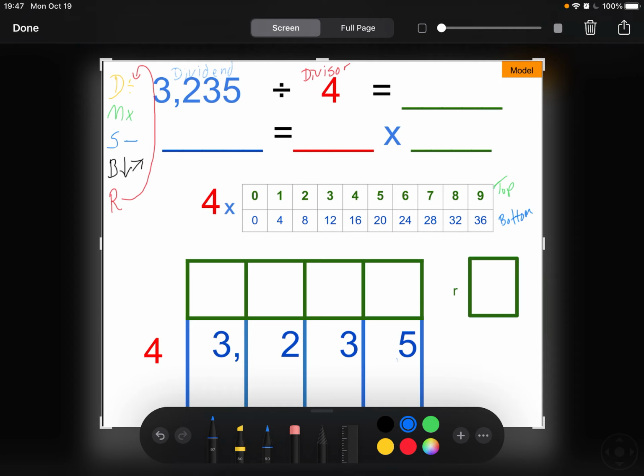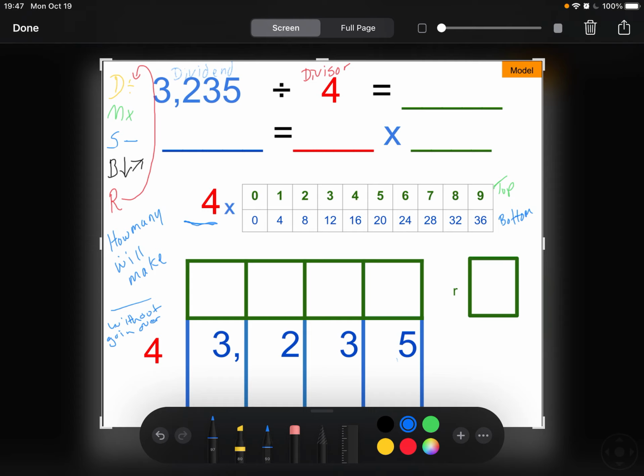Okay. So we need to set up our question. Our question that we're going to be using for this division is going to be how many 4s will make a 3 without going over.